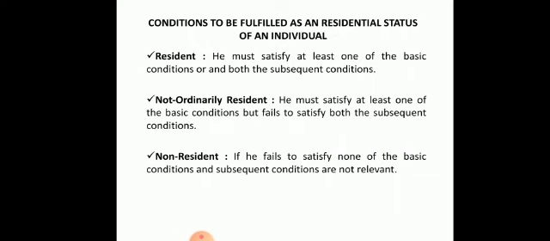Non resident in India. An individual is said to be non resident in India in any previous year if he fails to satisfy any of the two basic conditions. It is immaterial whether he has satisfied the subsequent conditions or not.